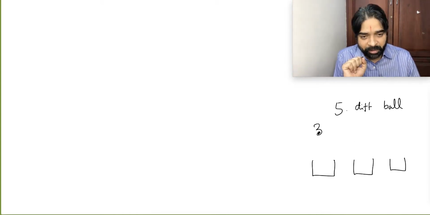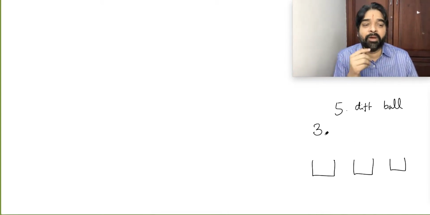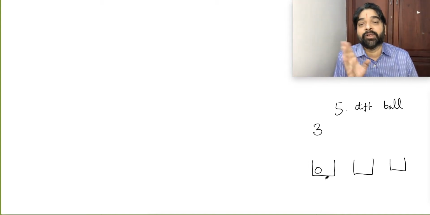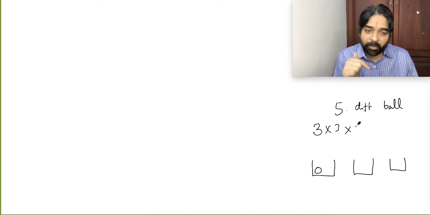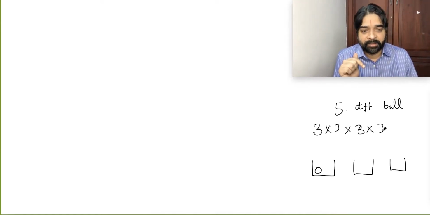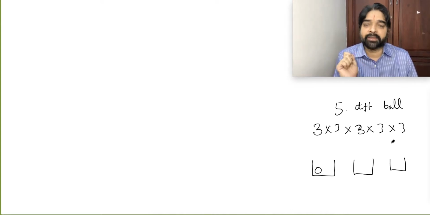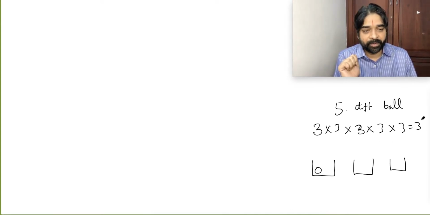The second ball will go in how many ways? 3 ways. Suppose the first ball came here, there is no condition that the second ball cannot come here. Try to recall the postcard example. So the second ball also can come here, here also. So 3, and the third ball also 3. So 3 power 5, which is equal to 243.